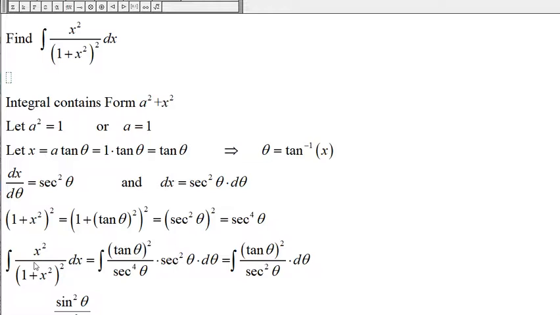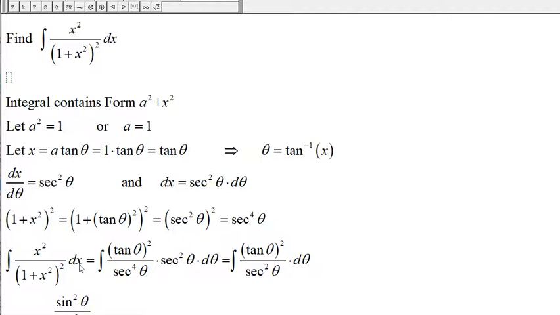And so the integral now becomes this. X squared will be tangent squared, because x is equal to tangent of theta. 1 plus x squared squared is secant to the 4th.